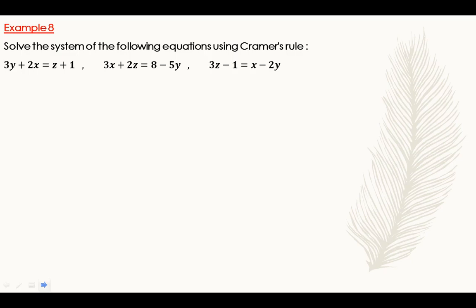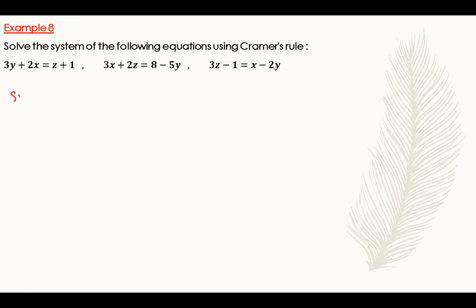In the first example, we had a system formed from two equations only, but here we have three equations and three unknowns, x, y, and z. This is a long example, and you have to concentrate very well.